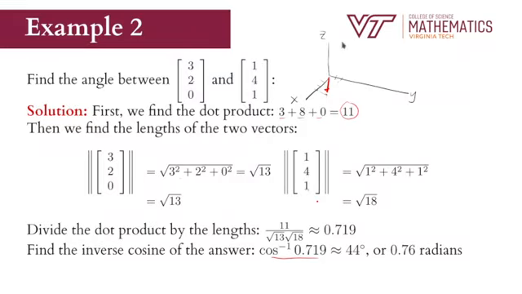And then 1, 4, 1 is 1 unit in the x direction, 4 units in the y direction, so that's roughly about here, and then 1 unit up in the z direction. And so that's got to be about this vector right there. The angle between those two vectors is just under 45 degrees.